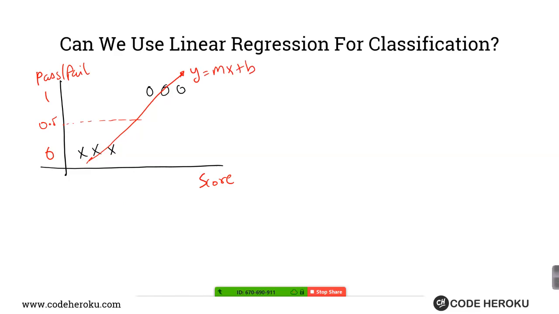What kind of simple algorithm can you think in your head to still use linear regression for classification problems? So the output now, instead of having a continuous value, we want the output to be only 1 or 0. Can you think of a simple rule that we can still use over here?